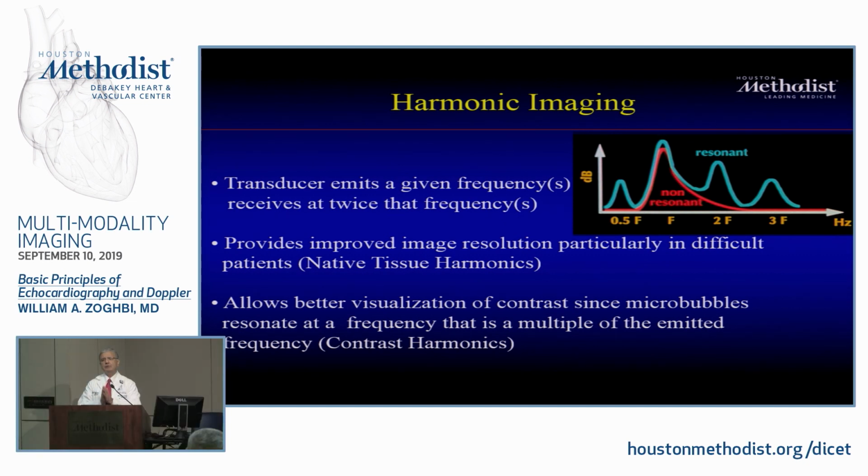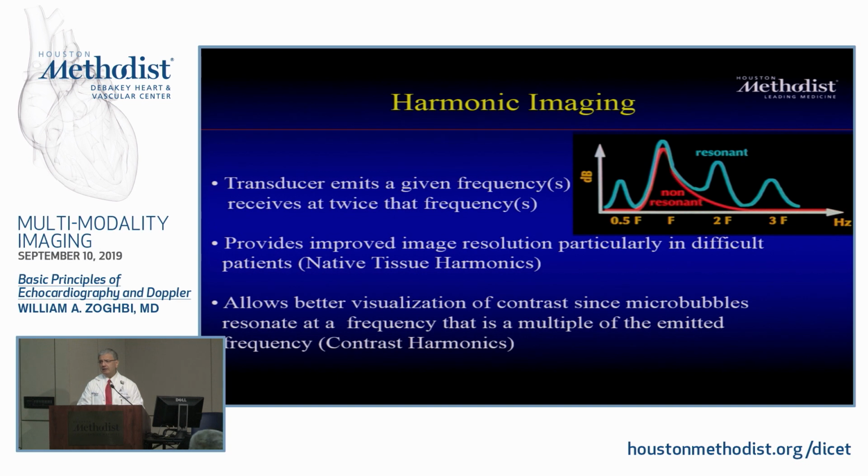Let's say this transducer is sending frequency at 3 megahertz, okay? Interestingly enough, when it hits a structure, it doesn't stay at that frequency. It may actually emit different frequencies, a multiple of that frequency or a fraction of it, and usually it's a multiple of it, right?